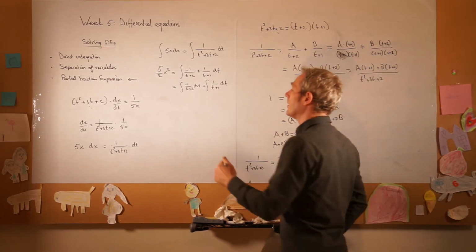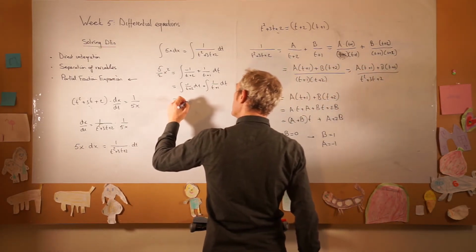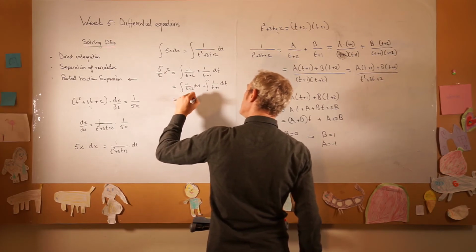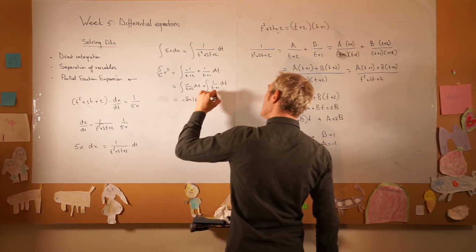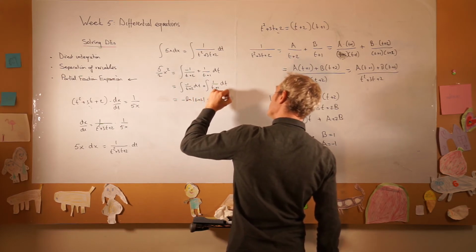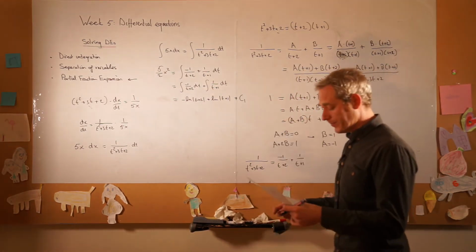And these two we can calculate. This is equal to minus ln of the absolute value of t plus 2, plus the ln of t plus 1, plus some integration constant, which I'll call C1.